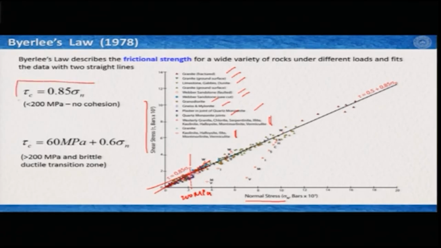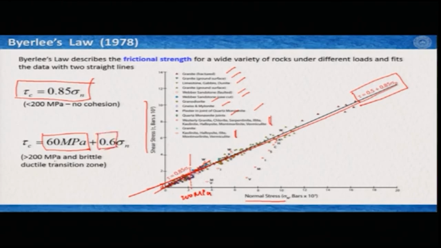So, he got this equation that at low confinement rocks have an average coefficient of friction of 0.85. Then, if we continue beyond this, about 60 megapascal, he found an equation where the cohesion is about 60 megapascal and the coefficient of friction is about 0.6.